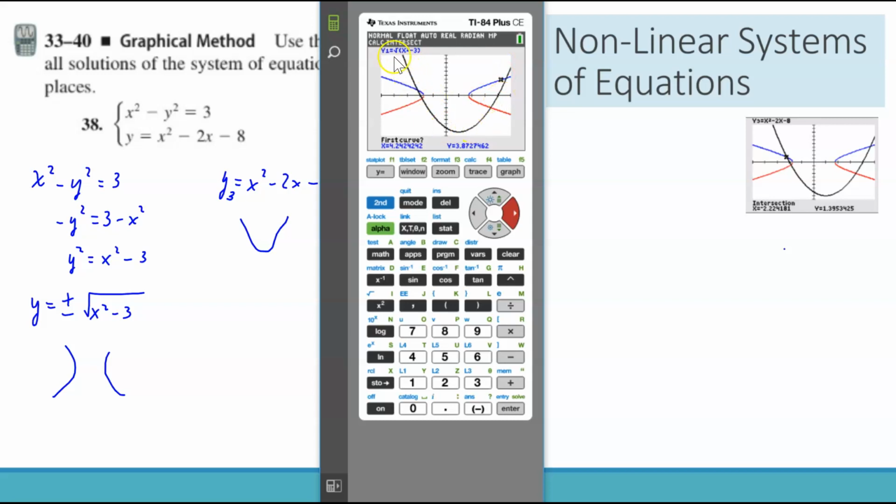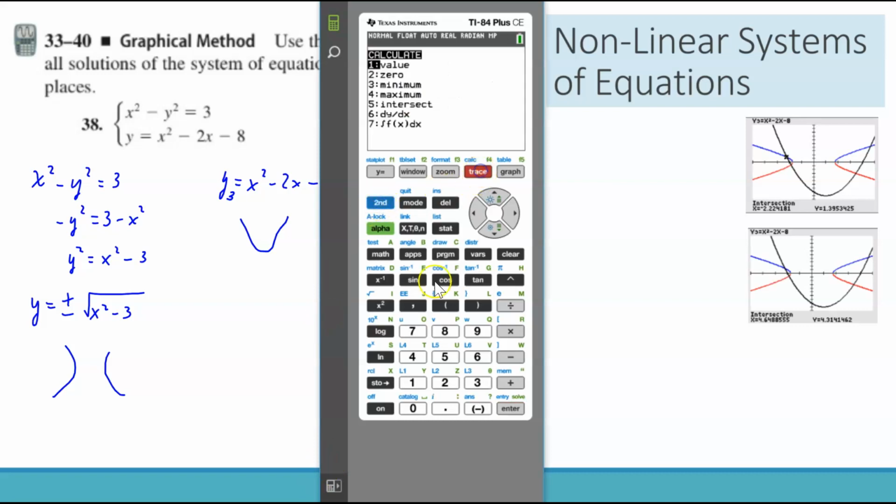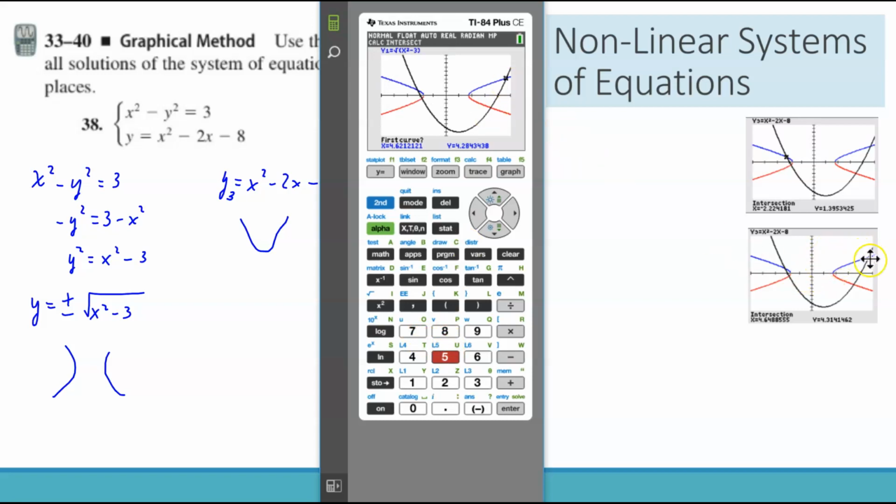Here we're at the square root of x squared minus 3, but for the other intersection point, we want to be on the parabola. So we'll hit enter, go up arrow till we're on the parabola. There we are. Now I can get to the point of intersection. Enter, enter, enter. This is the last intersection point that we found over here.